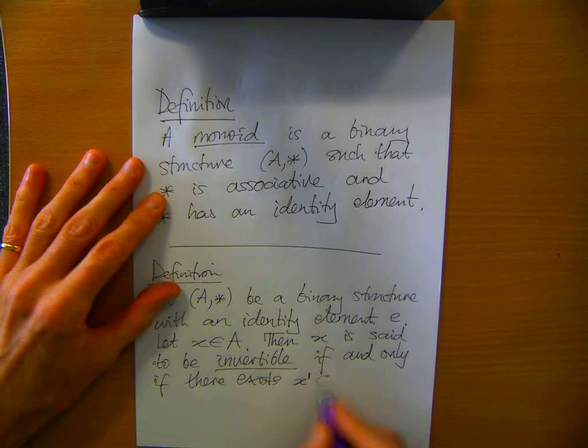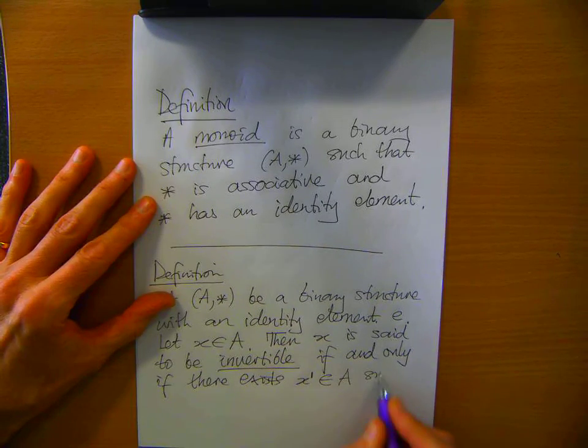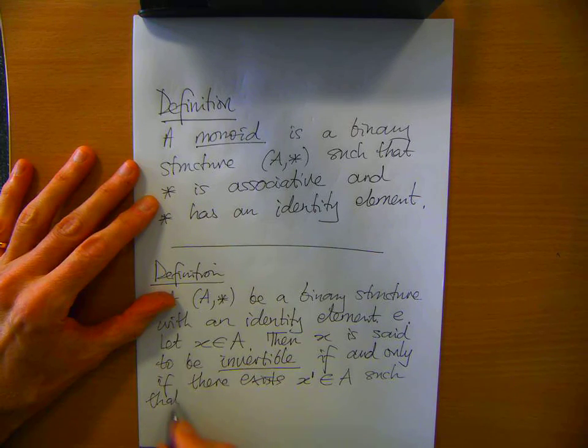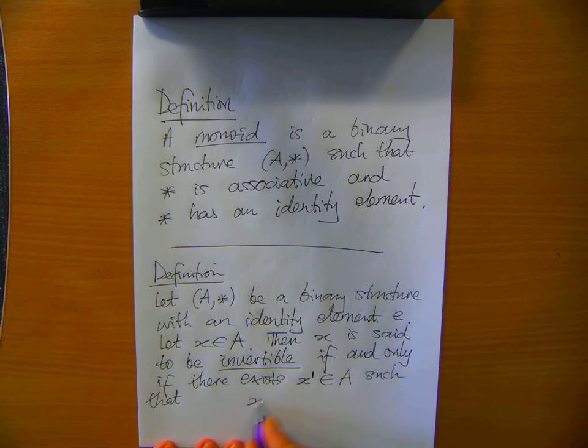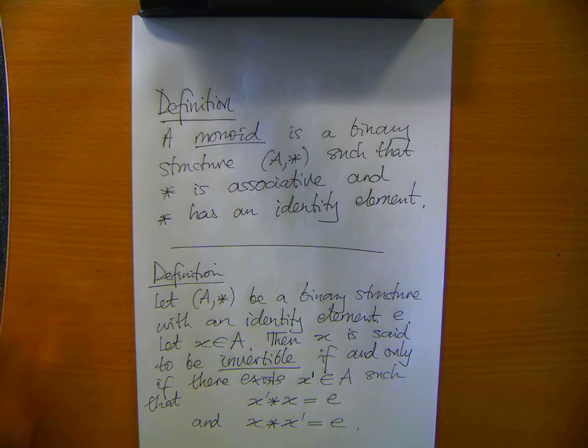So there's an x prime in A, which is going to be like the partner of x, such that if I combine x prime and x in either order, I just get the identity element E. So again, there are two equations, because I'm not assuming that my binary operation is commutative. Of course, if the binary operation is commutative, these collapse to 1. But in general, it might not be commutative. Just think of matrix multiplication, for instance, or composition of functions.